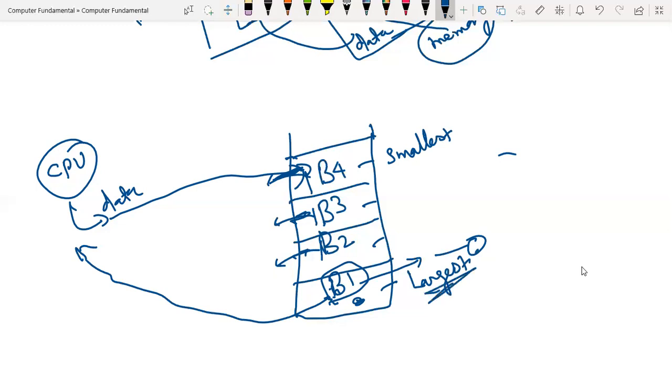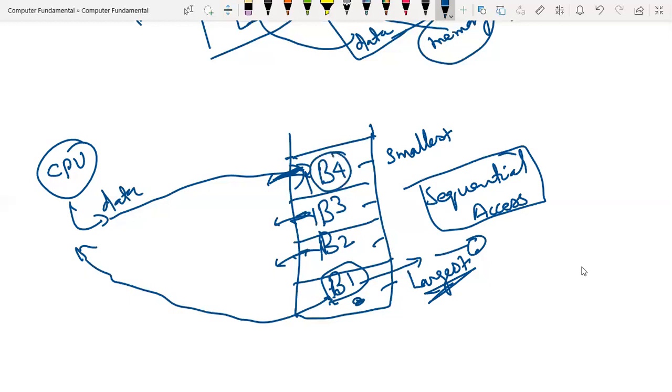This is known as sequential access, where you go one by one. In other words, accessing each element takes a different amount of time. That is the point of sequential access.